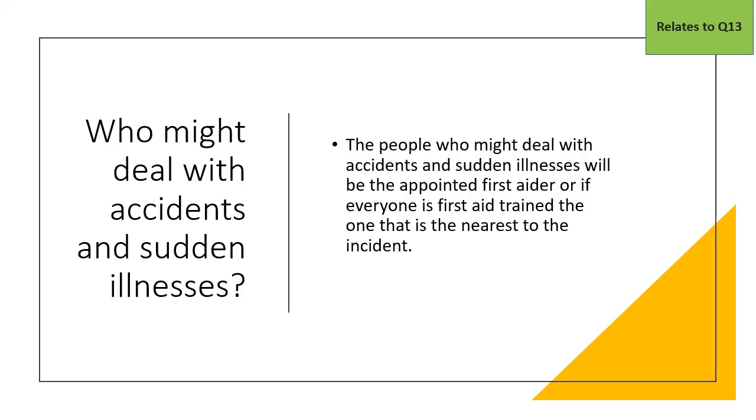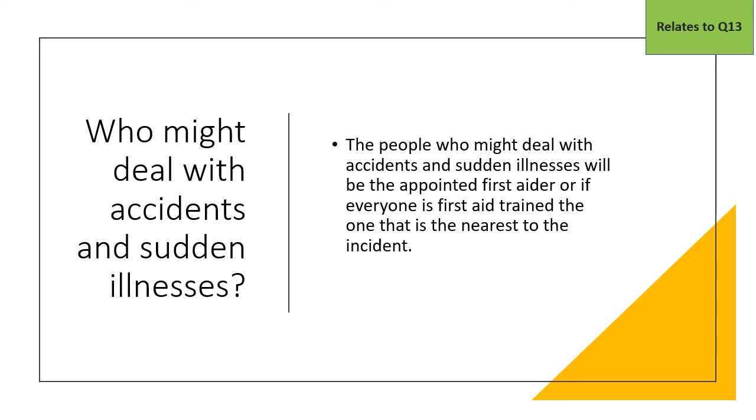So you're now going to look at question number 13, and we're looking at this slide, who might deal with accidents and sudden illnesses. So the people who might deal with accidents and sudden illnesses will be the appointed first aider, or if everyone is first aid trained, the one that is nearest to the incident.